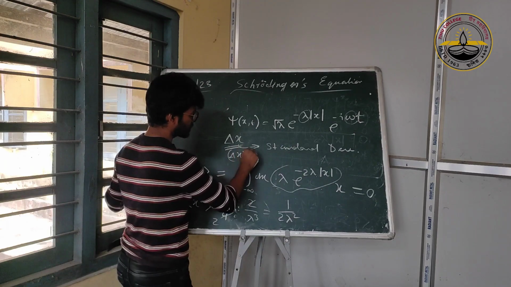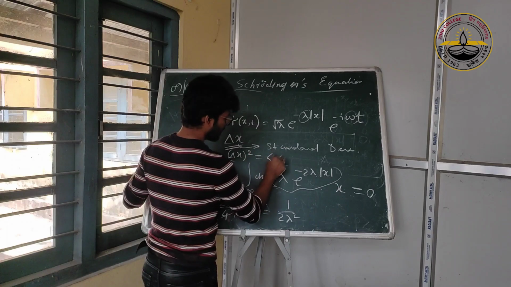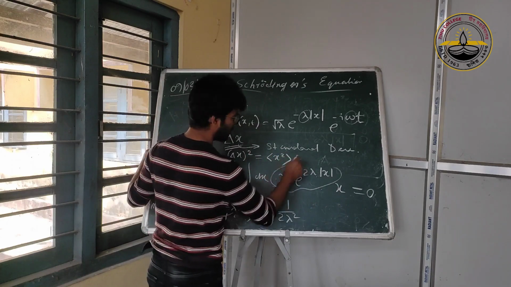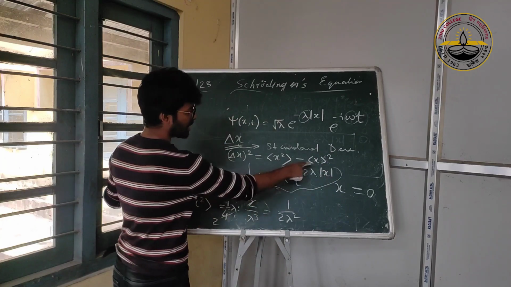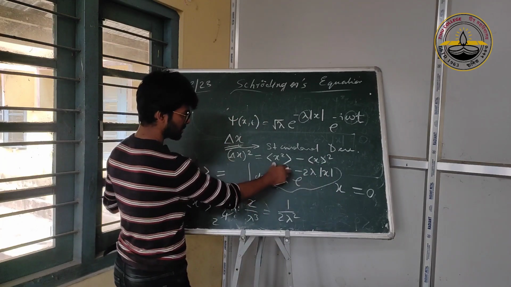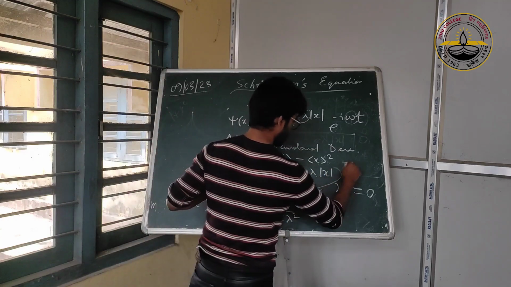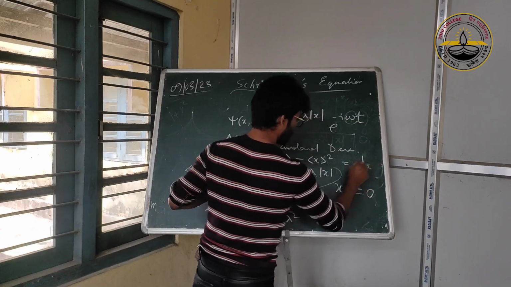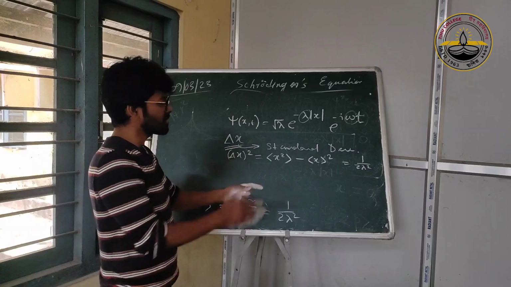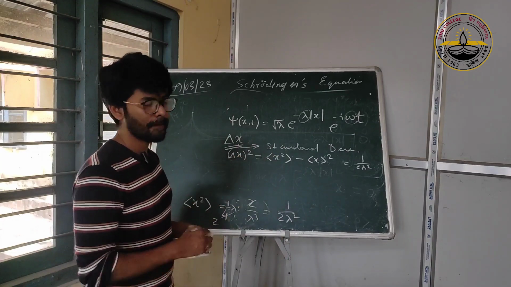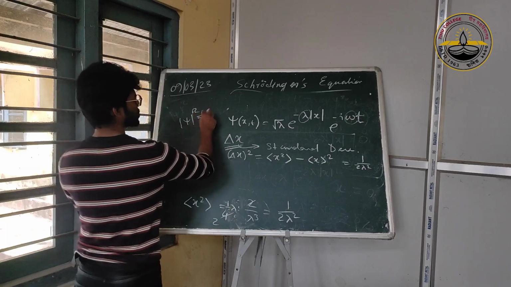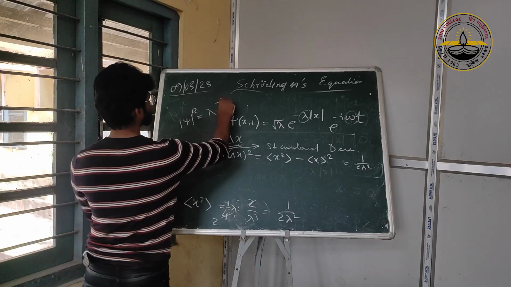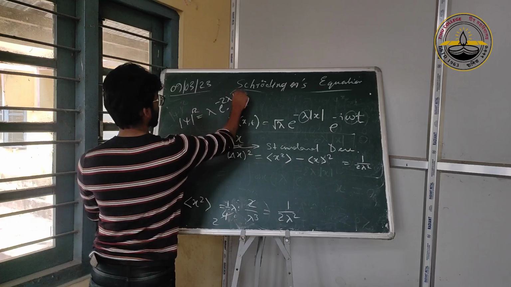Delta x whole square equal to x square expectation minus x expectation square. X expectation is 0, so just this is 1 over 2 lambda square. So this represents the spread in the function. What is the function? The function is mod chi square, which is what? Lambda e to the power minus 2 lambda x.